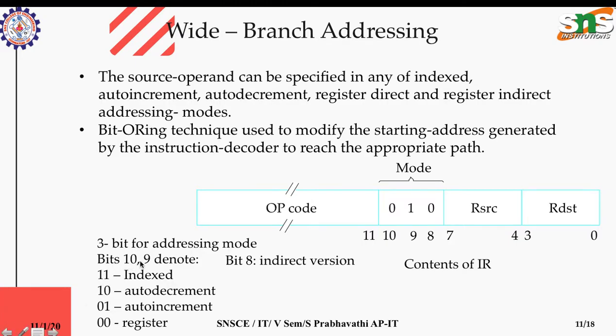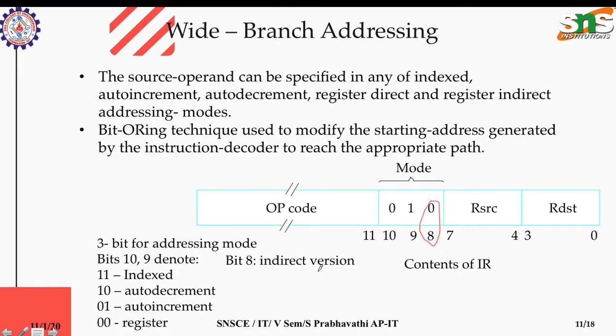The bits 10 and 9 in the instruction register denote one of the addressing modes. If the bits are in these combinations: 11 means indexed, 10 means auto decrement, 01 means auto increment, and 00 at bit positions 10 and 9 indicates the register. The bit number 8 in the instruction register is used to identify the indirect version.